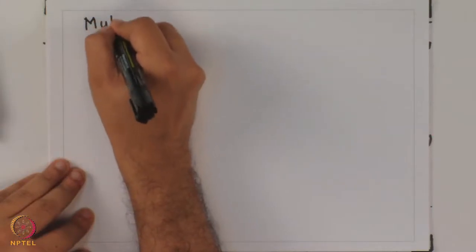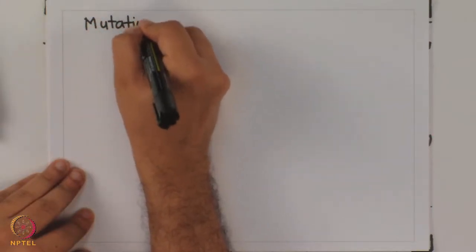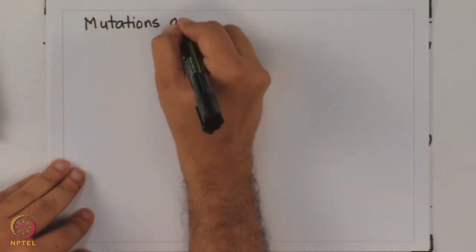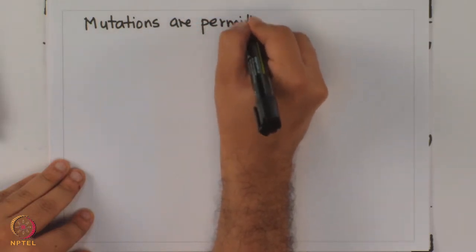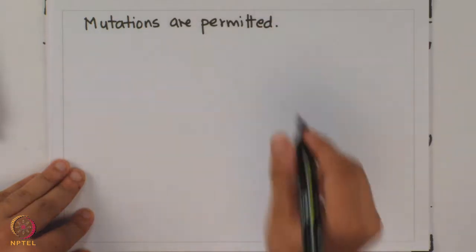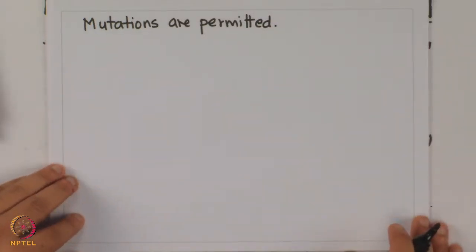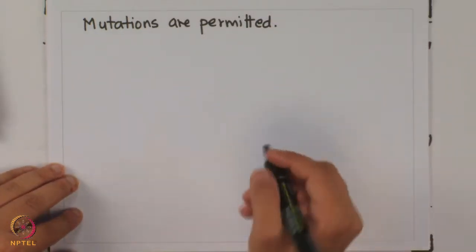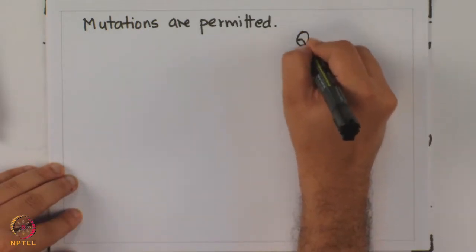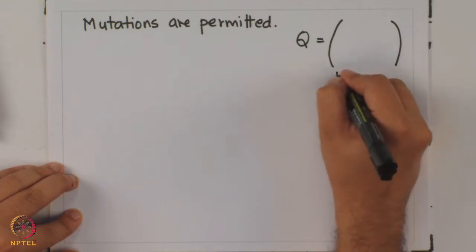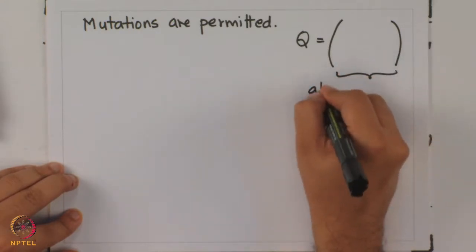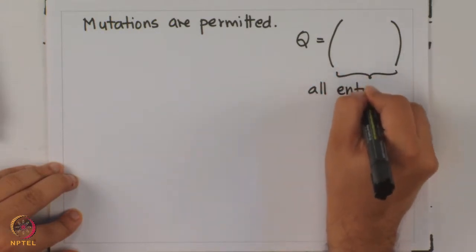Now mutations are permitted, which is a much more realistic representation of what you would expect to happen in nature. If that is the case, the Q matrix is much more general and we cannot make any statement about any of the entries. So, all entries could be non-zero.